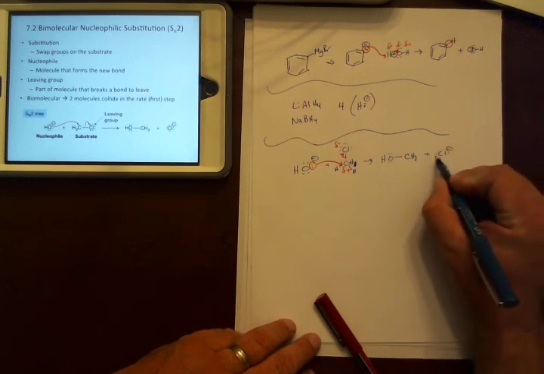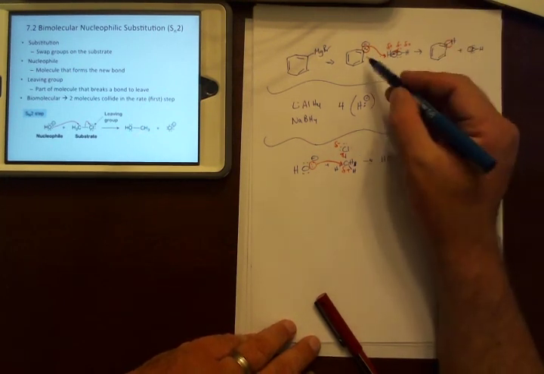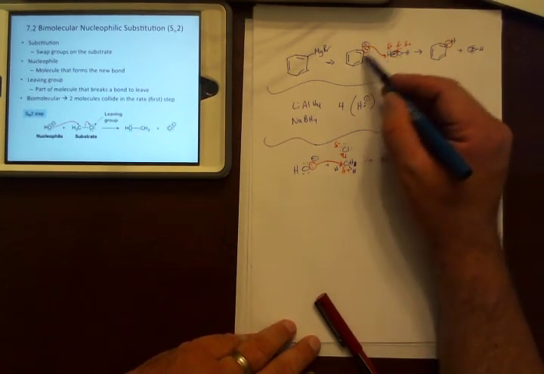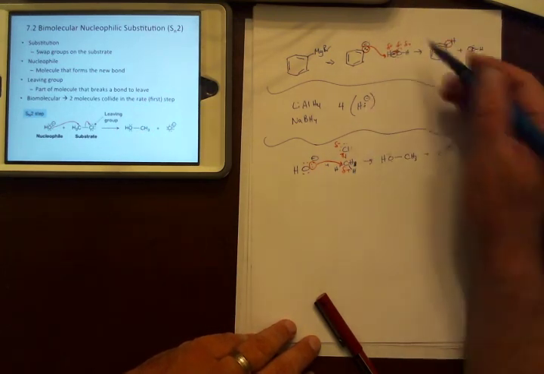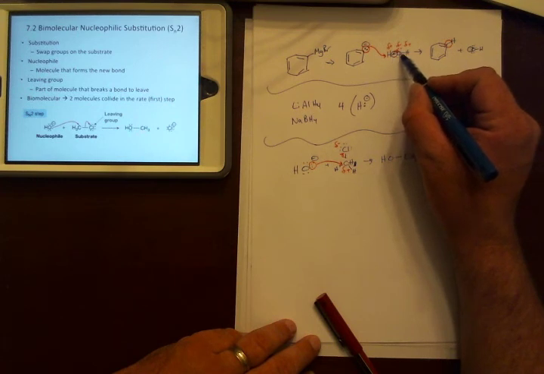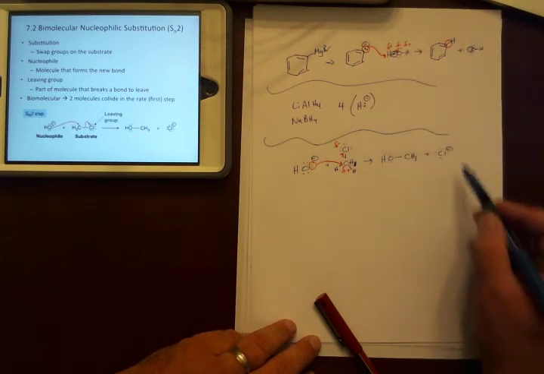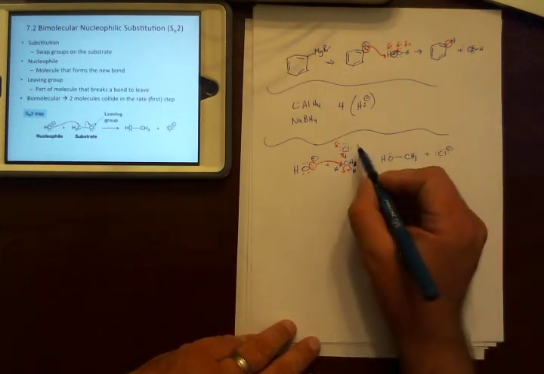It's no different than what we were doing up here. We have the negatively charged thing attacking the positively charged thing, and then we're pushing electrons onto that, pushing them away to get a leaving group.